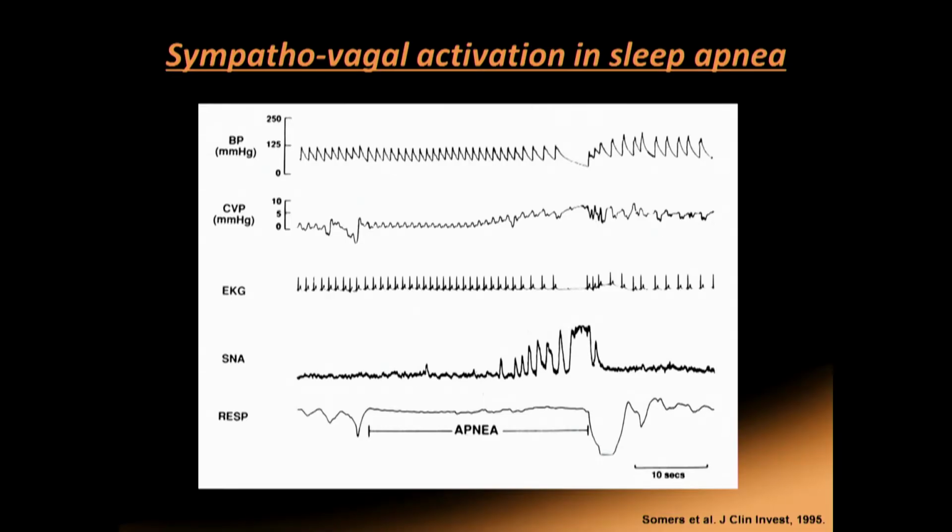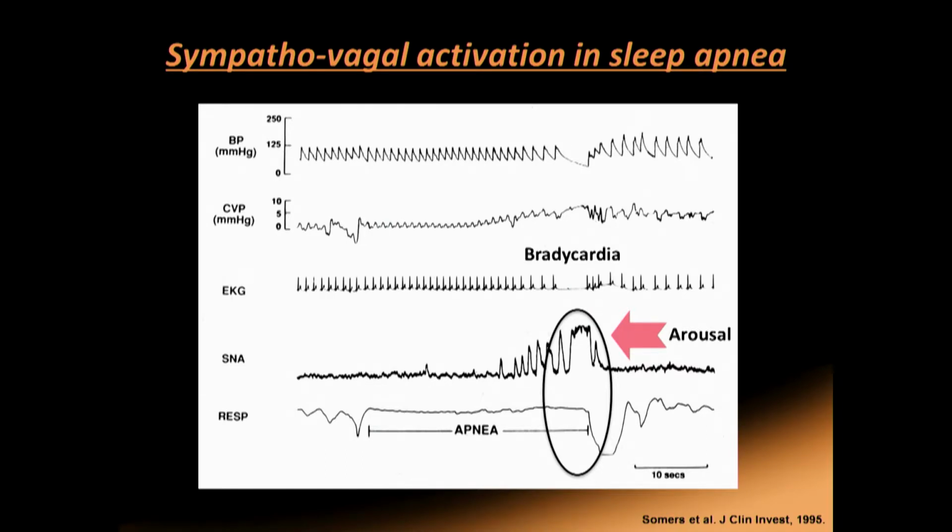So you can see here, for example, an original registration of a patient with sleep apnea, and a representative apnea of 20 seconds. And at the end of this apnea, you can see on the one hand pronounced sympathetic nerve activity increasing. So sympathetic activation increases at the end of the apnea within the arousal reaction.